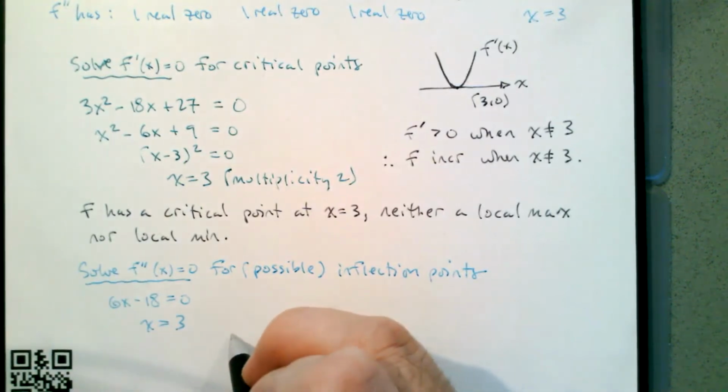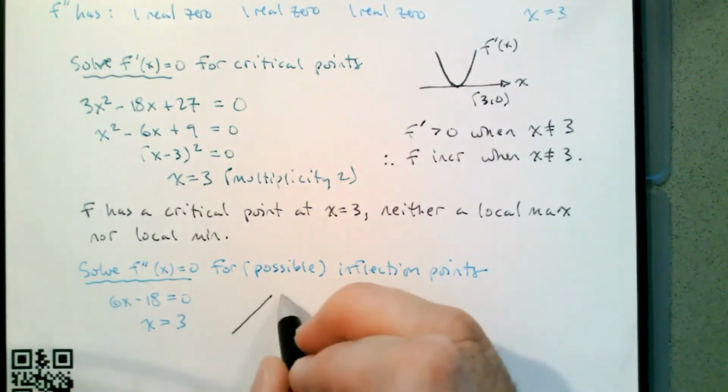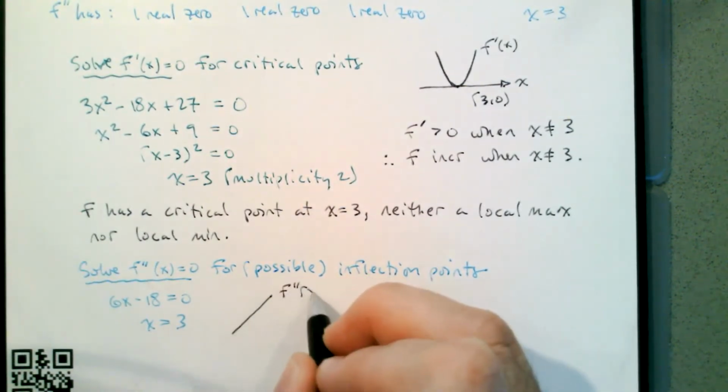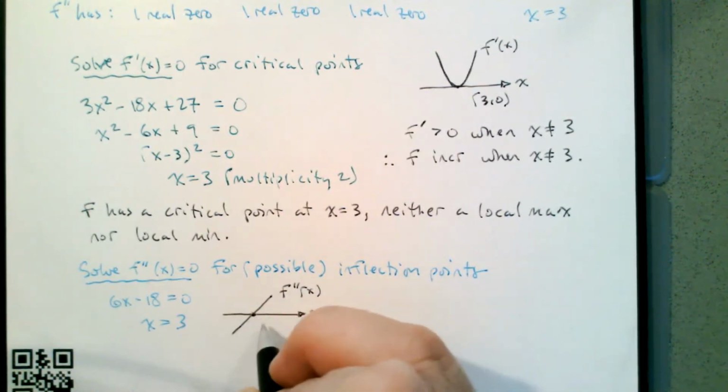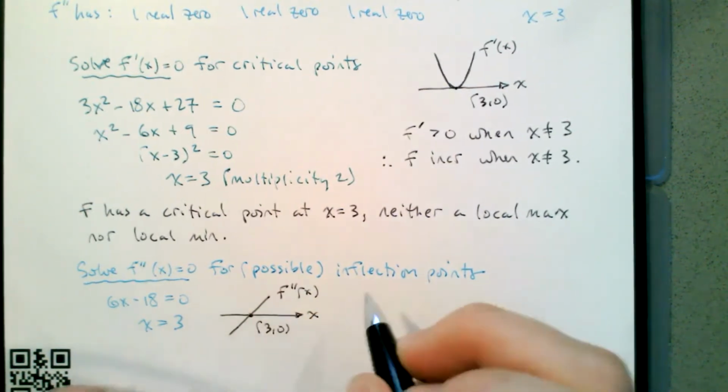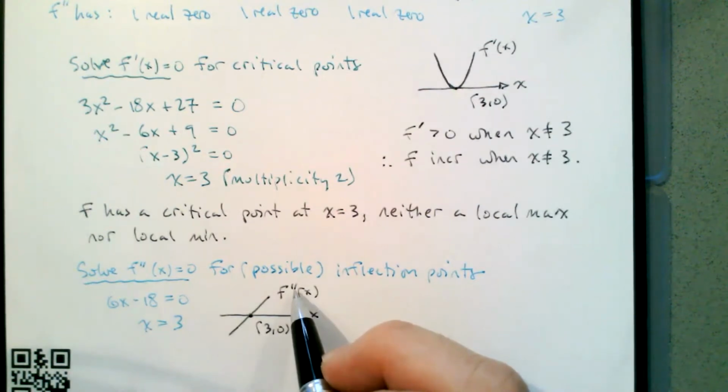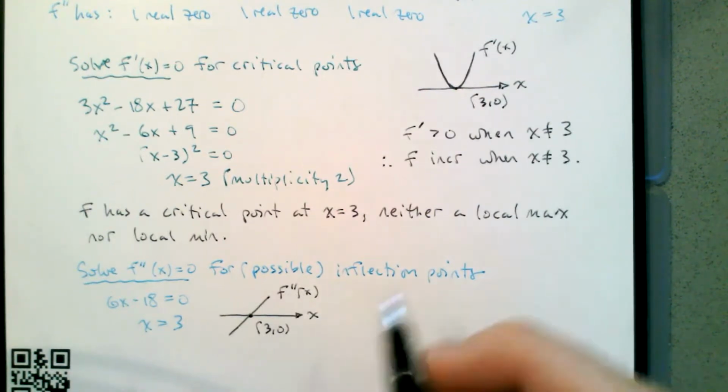If I look at the graph of f double prime, we have an x-intercept at (3, 0). F double prime is negative when x is less than 3.